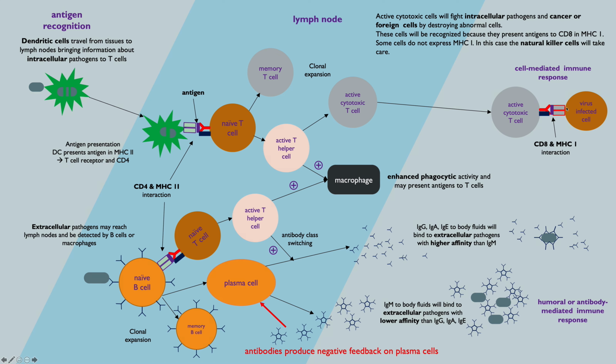Okay, this is what we call the cell-mediated immune response. Okay, this cytotoxic cell, once it recognizes the infected cell or the cancer cell or the damaged cell, is going to destroy it.